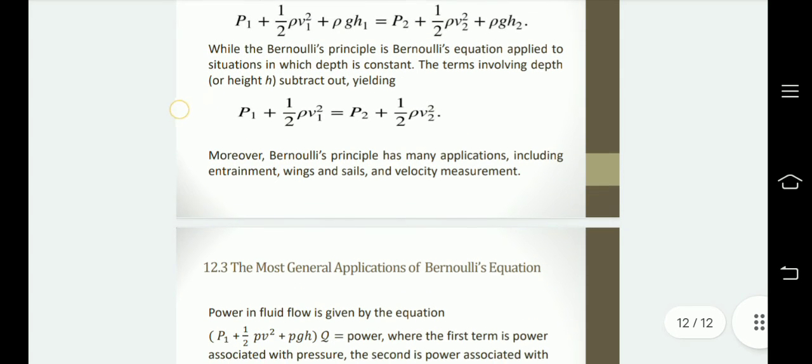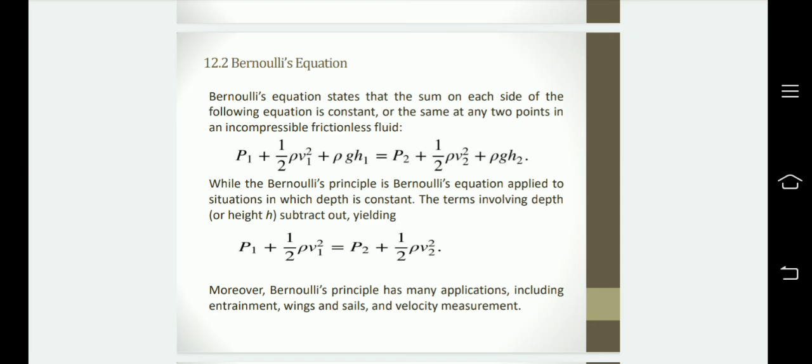Moreover, Bernoulli's principle has many applications including entrainment, wings and sails, and velocity measurement. So entrainment: people have long put the Bernoulli principle to work by using reduced pressure in high velocity fluids to move things about.